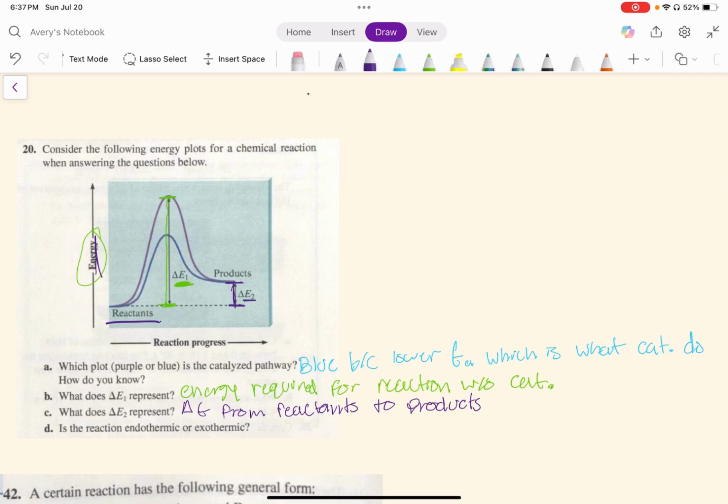Now, for the final question, is the reaction endothermic or exothermic? To answer this one, we need to look at what we wrote down for C, or look at the line for delta E2.